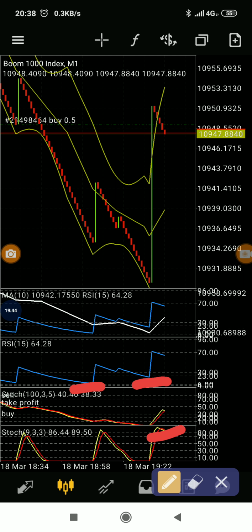You know, I said earlier that once the stochastic 933 is at level 80 or 90 facing down, it means a downtrend.